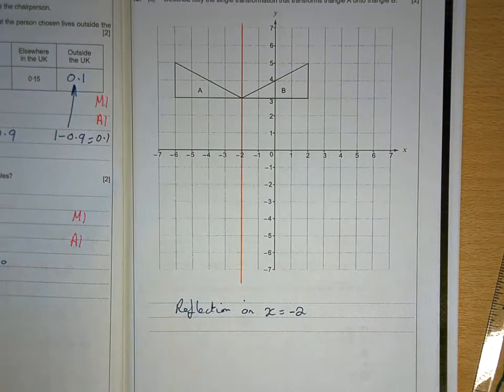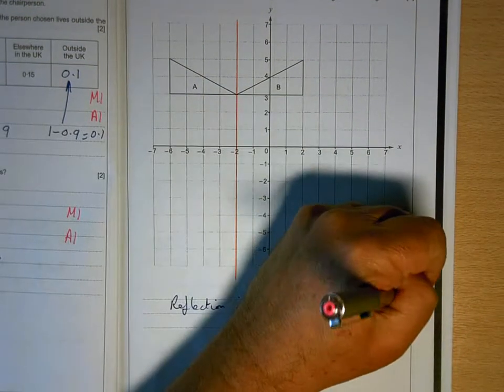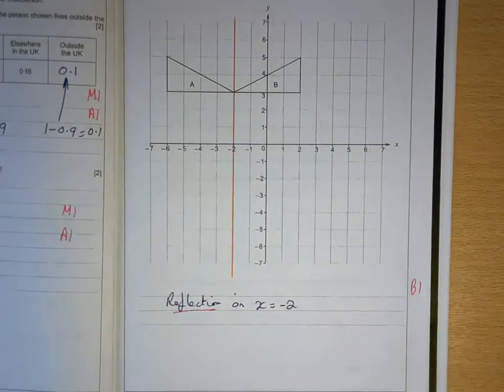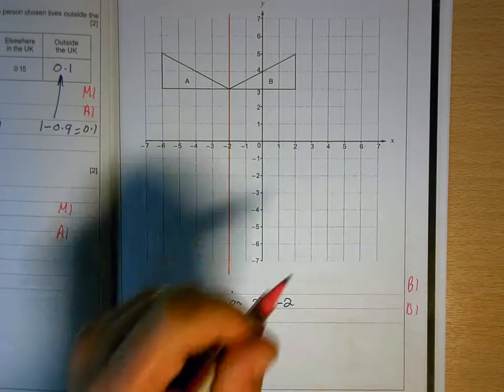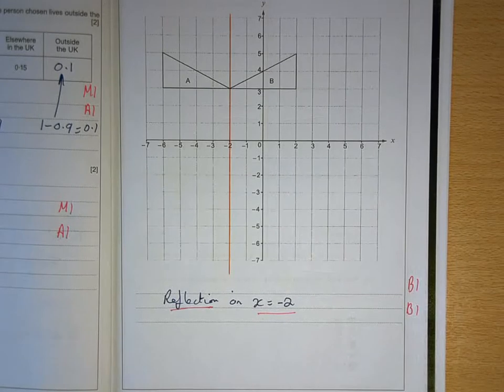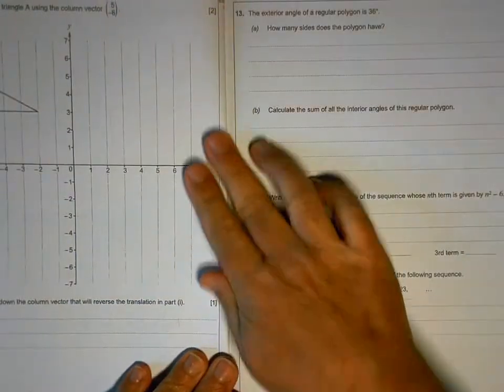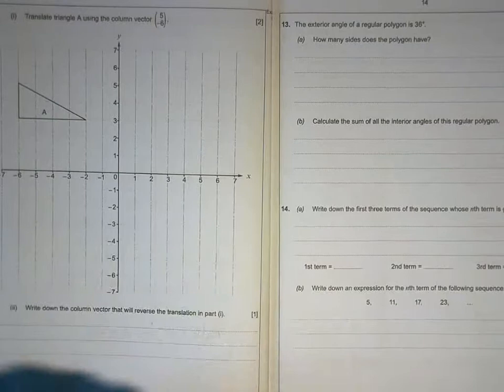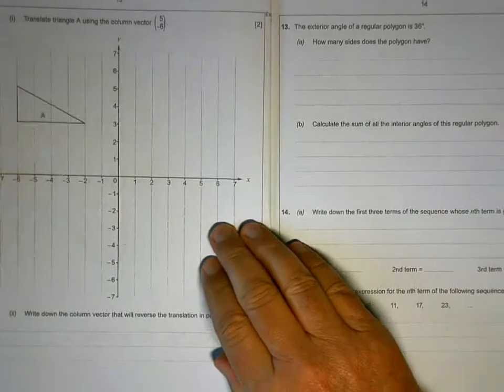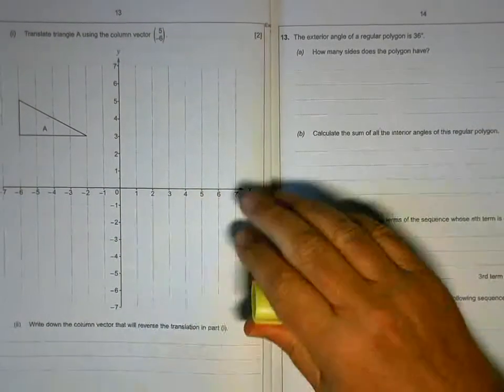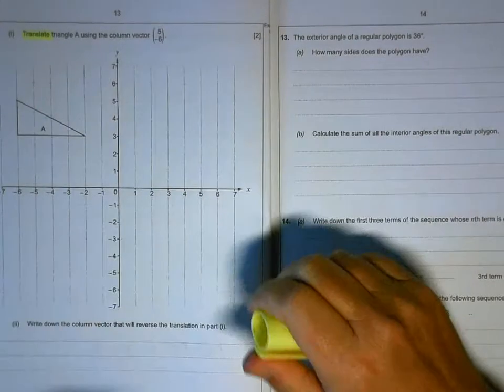So there's 1 mark for the word reflection, and then the second mark is to describe where the mirror line is placed, and it's placed on x equals -2. Translate, so this is another transformation now.